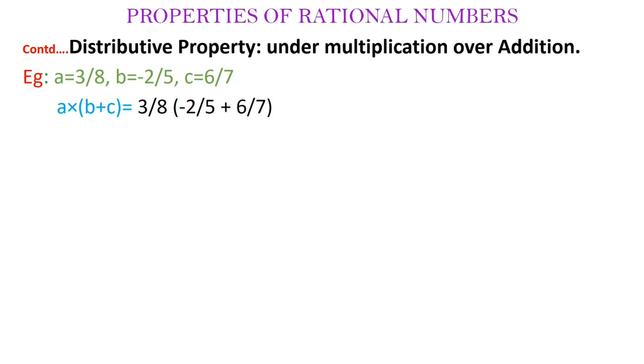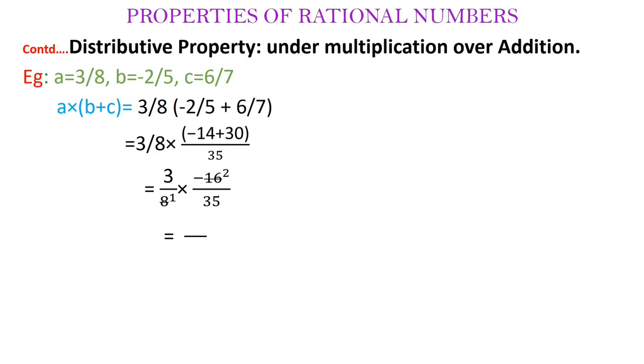Following the formula, 3/8 into (minus 14 plus 30) by 35. 3/8 into 16/35. Then we do cross multiplication: 8 ones, 8 twos. So 3 into 2 is 6, 1 into 35 is 35. So the answer is 6/35. This is not done yet.